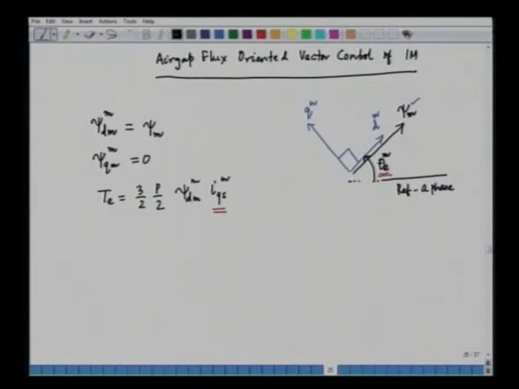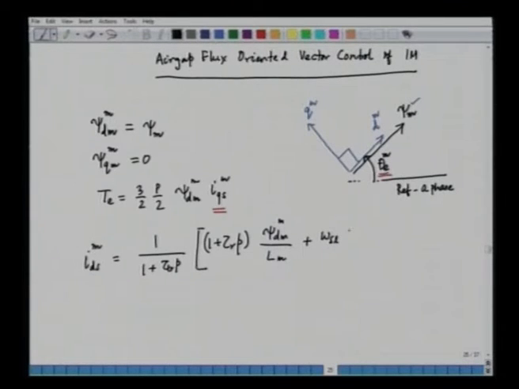So, in the last lecture what we have obtained is the following: IDS m is equal to 1 by (1 plus tau LR p) into (1 plus tau R p) psi dm by Lm plus omega SL tau LR into IQS m.